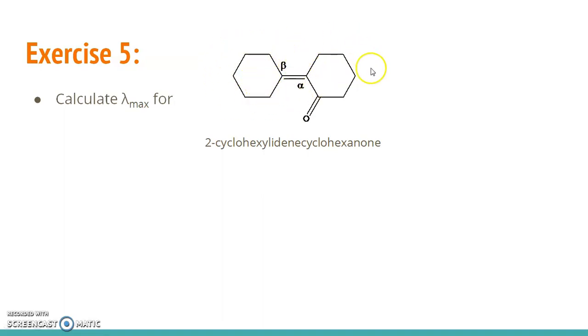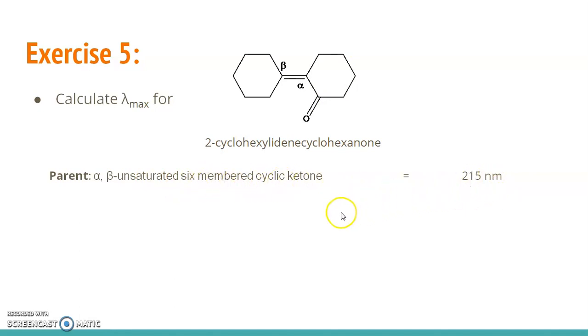So we assign the parent peak as 215 nanometer. After that, we need to add the increments, whether ring residues or alkyl substituents. First we look for the ring residues.